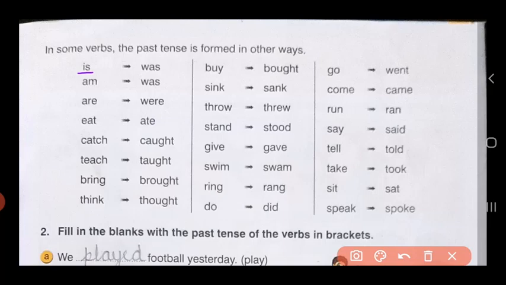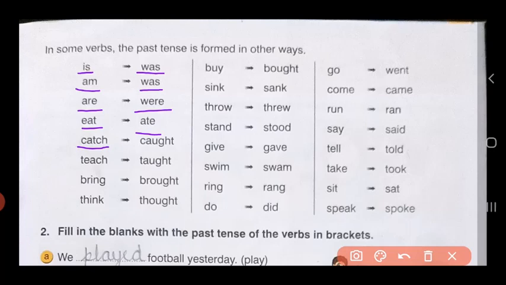Past tense will be was. Am is present tense. Past tense will be was. Are, present tense. Past tense, were. Eat, the past tense will be ate.